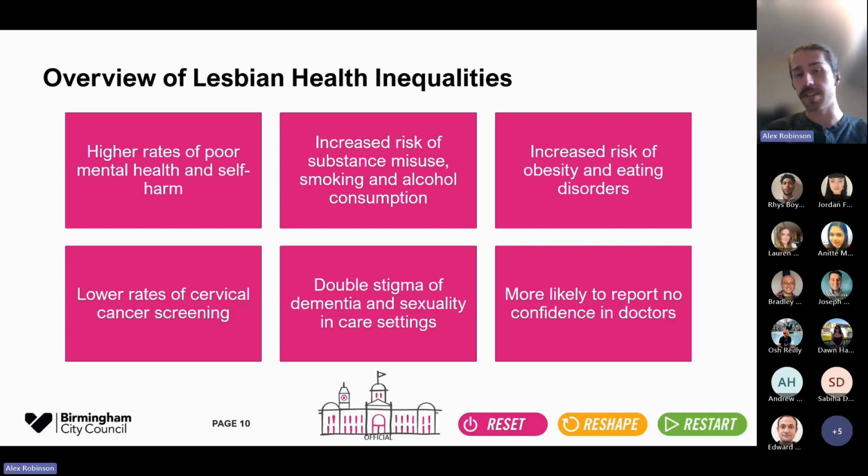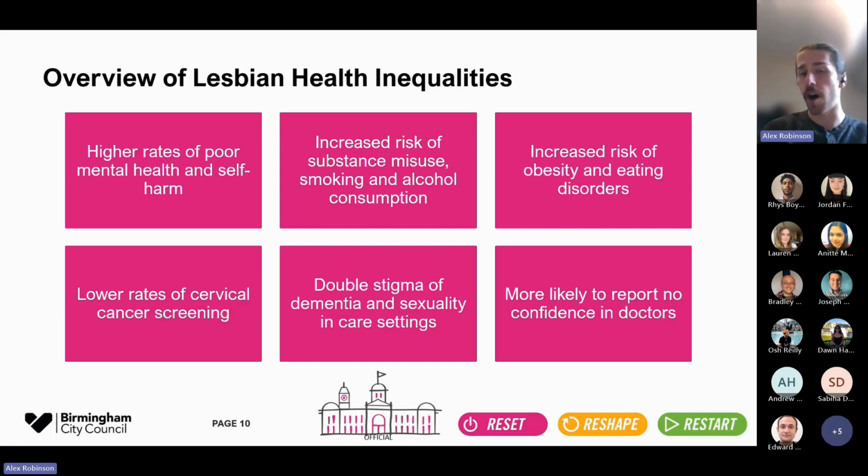In terms of alcohol intake among lesbians within the West Midlands, there were a few different studies, but 25 to 37%, which is higher than the regional average for adults, which was 7%. There are also a lot of studies looking at issues around eating disorders within lesbian and bisexual women.